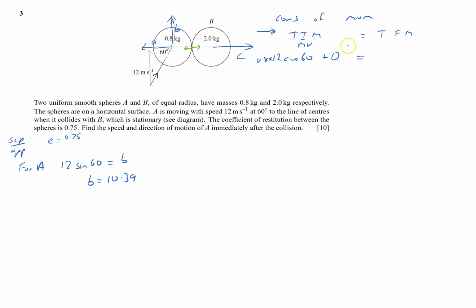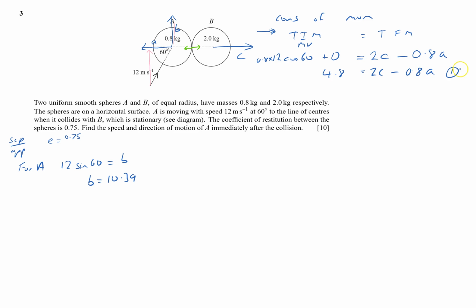And that will equal total final momentum, which is the mass times the velocity. So that'll be 2C. And the way I've set it up here, I've put A going backwards, so it'll be minus 0.8A. This says that 4.8 equals 2C minus 0.8A.